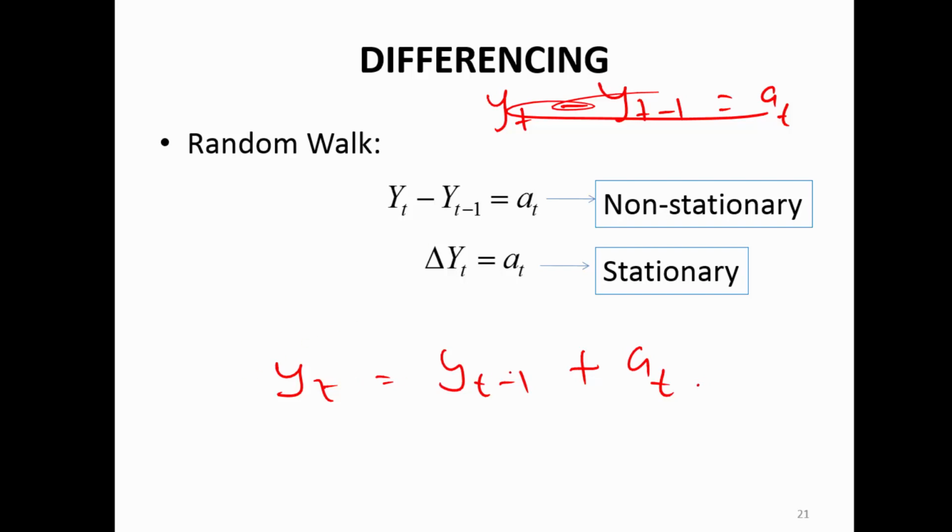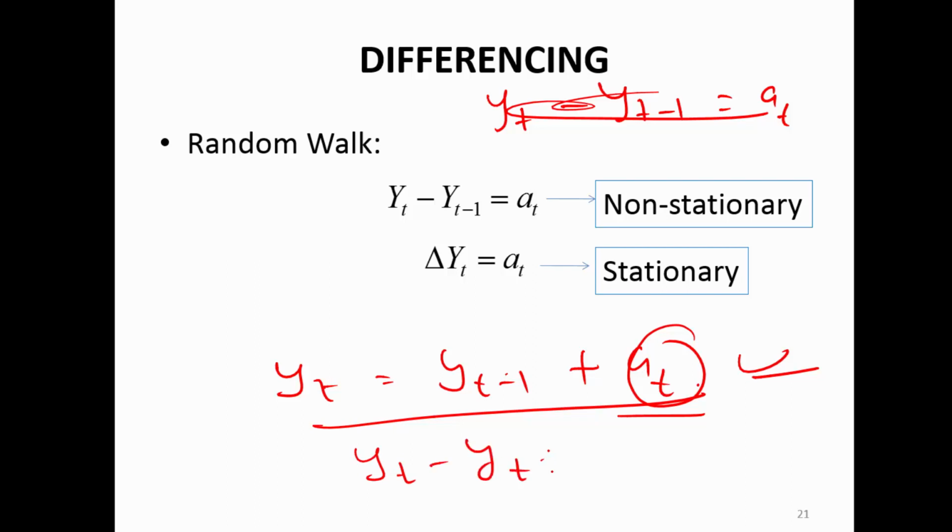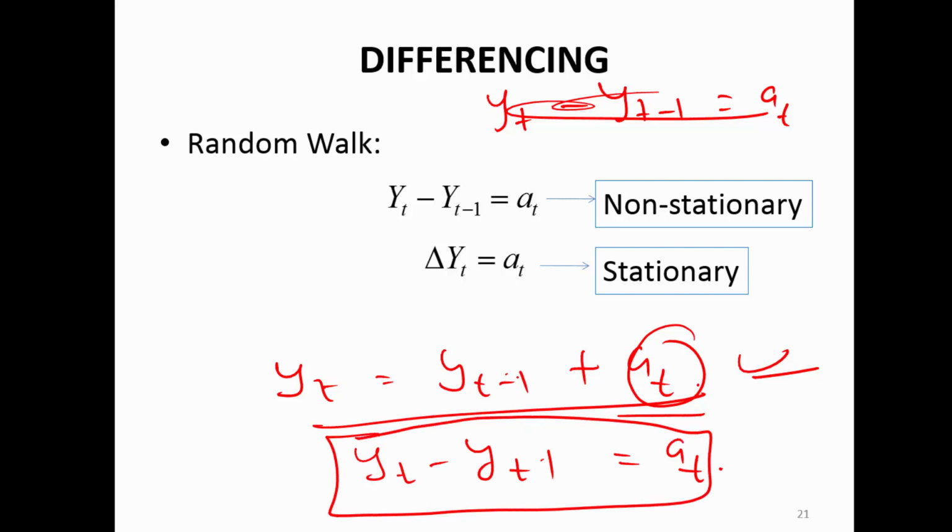So this is a typical case of random walk. Here yt will be non-stationary. So in this case, this is a typical non-stationary case. But if you take a difference of that, it is likely to be stationary. If you take the first difference, it is likely to be stationary.